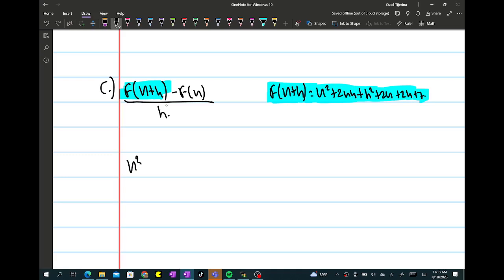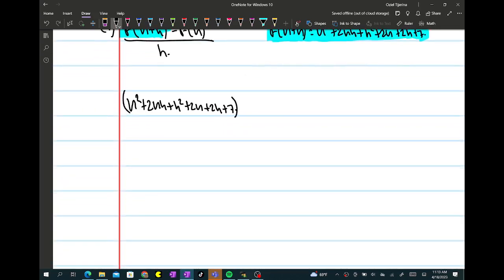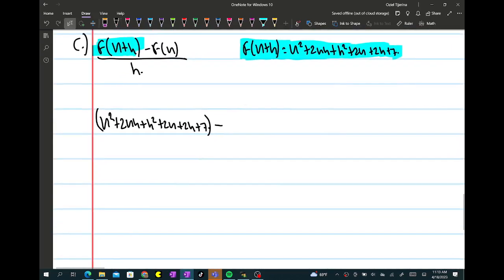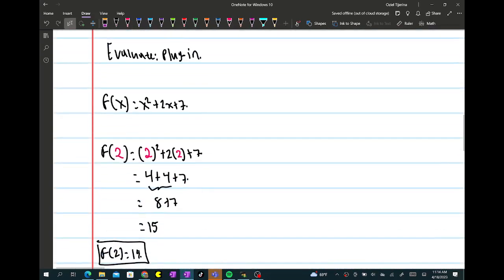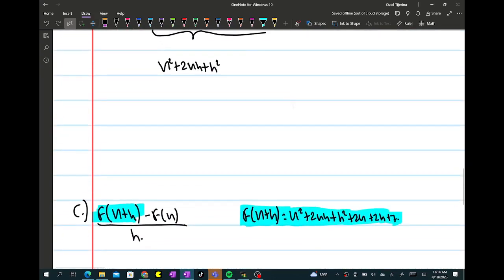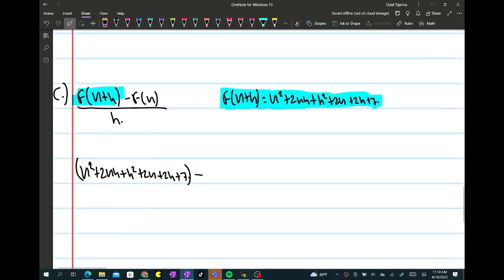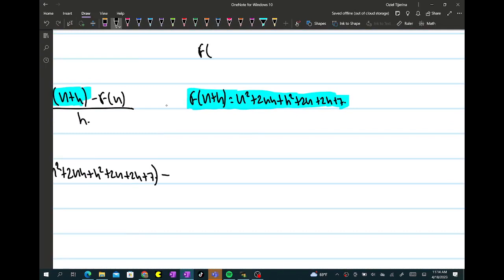So we have u squared plus 2uh plus h squared plus 2u plus 2h plus 7. And then we're going to do minus, and we're going to do f of u. So f of u, if you think about it, our original function was f of x equals x squared plus 2x plus 7.